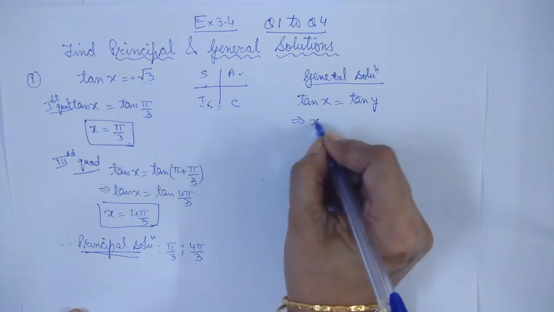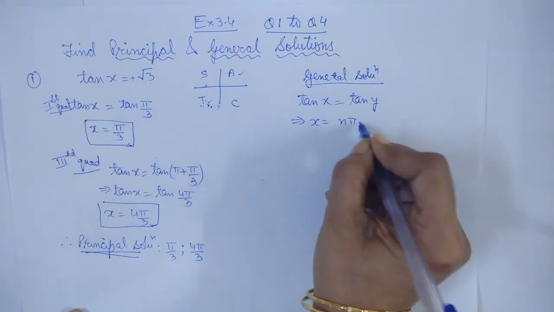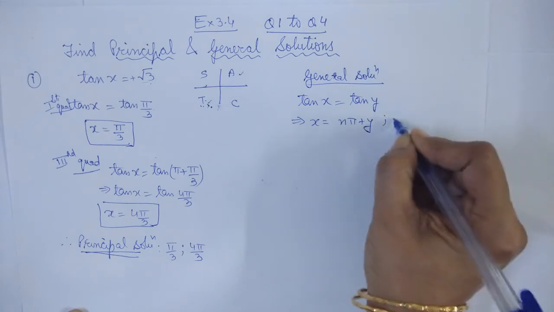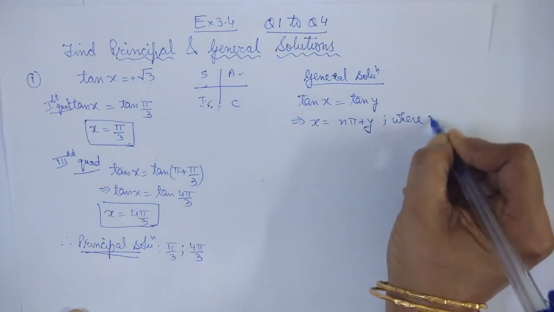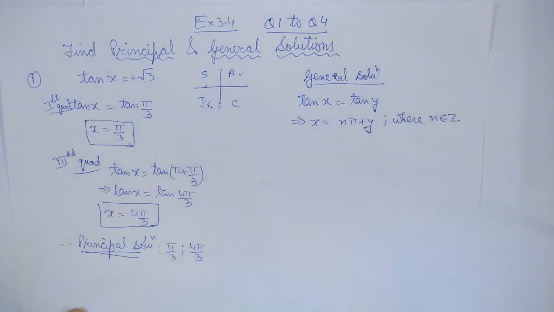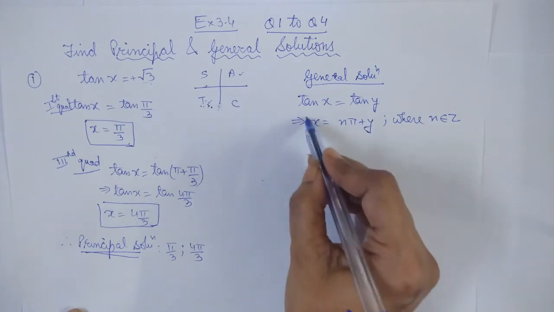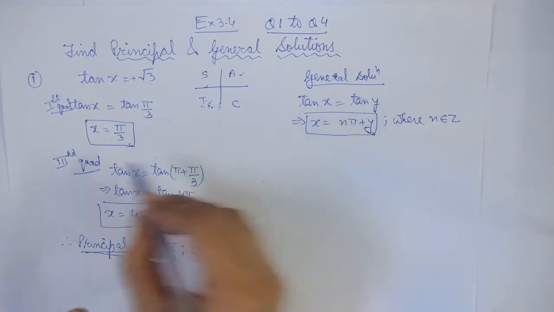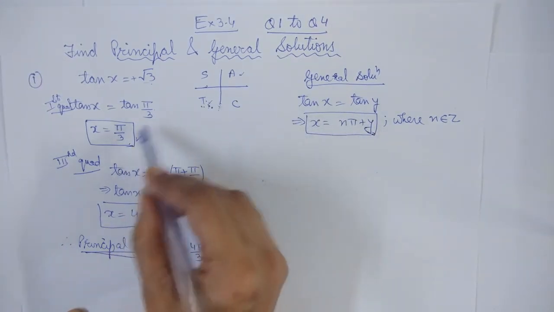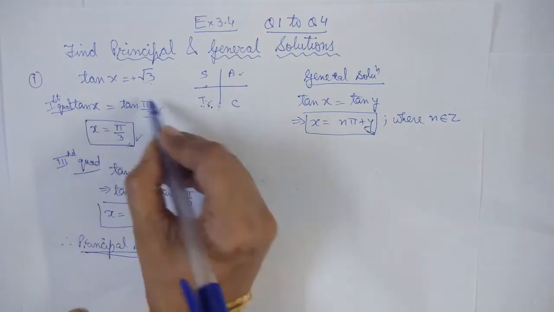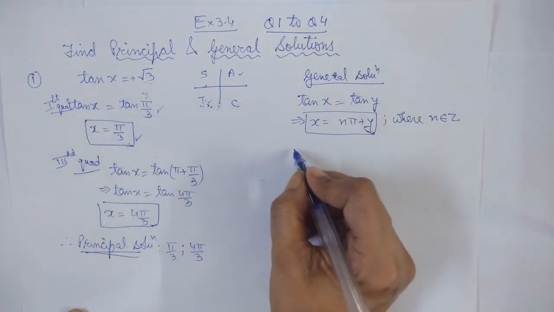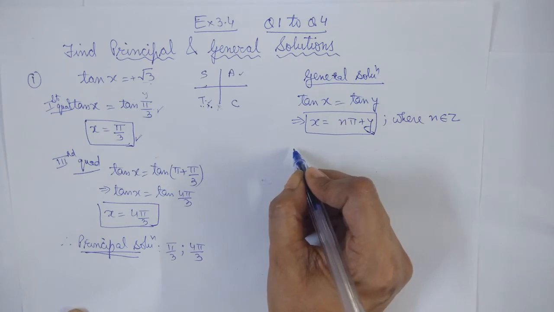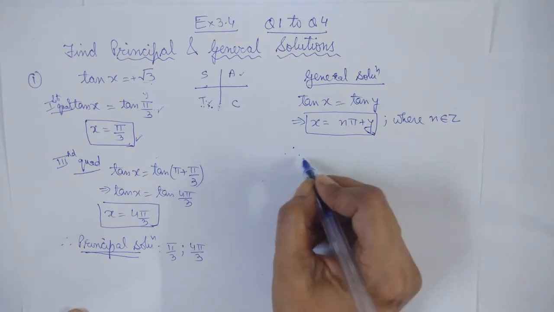Therefore, x equals n pi plus y, where n belongs to integer. Now compare this condition with the given solution. This is x and this is y. So we will get the general solution over here.